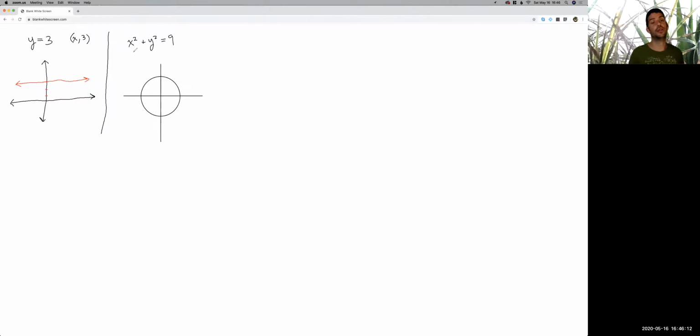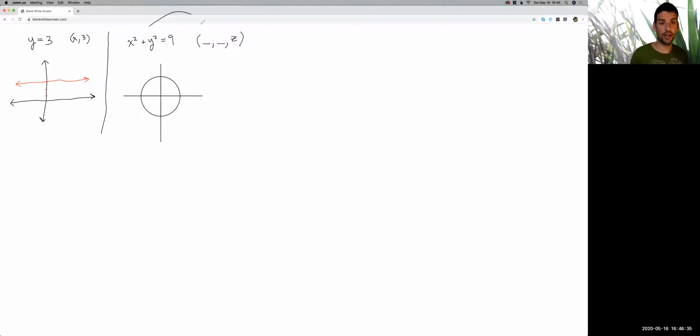Well, now, in 2 dimensions, this is a circle, but if I add the 3rd dimension, if I'm actually talking about a graph in 3 dimensions, what I'm saying is I'm looking for pairs where the x and y coordinates have to satisfy this equation, right? But the z coordinate can be anything, right? So the x and y coordinates come from this equation, but our z coordinate can be anything.